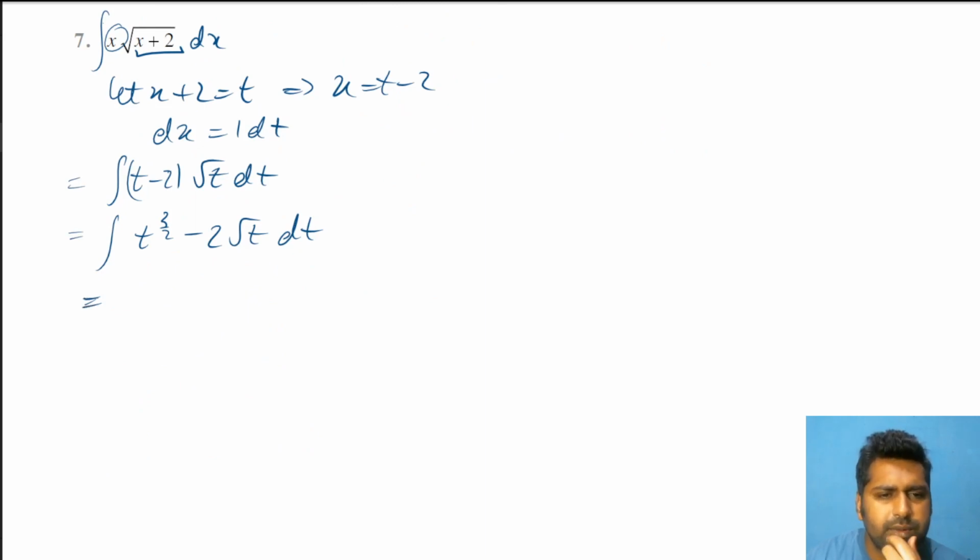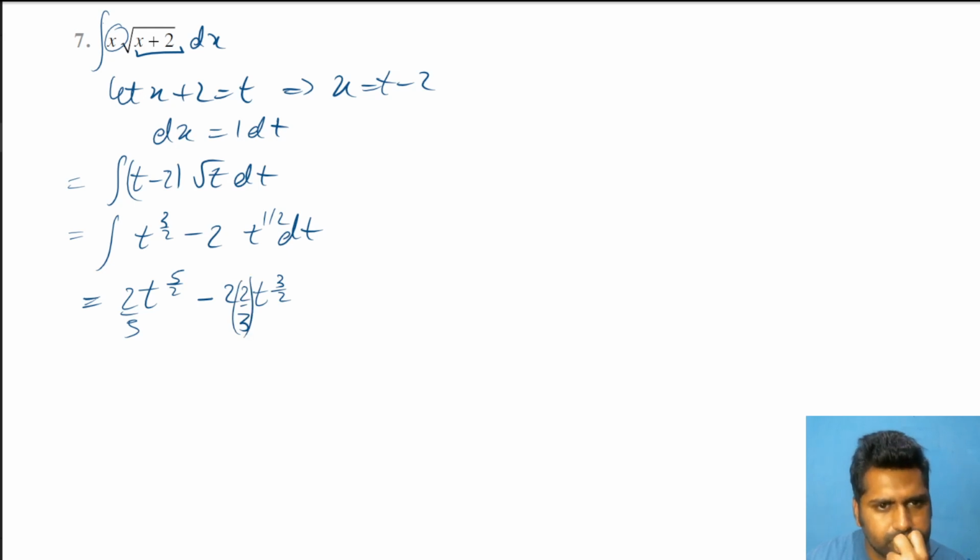Integration of this directly you can do. This becomes t raised to power 5 by 2, that is 3 by 2 plus 1, so 2 by 5, minus 2 times t raised to power 1 by 2, so 1 by 2 plus 1 is 3 by 2, into 2 by 3. Okay. Plus c of course.